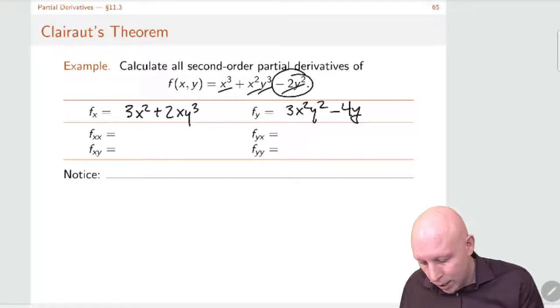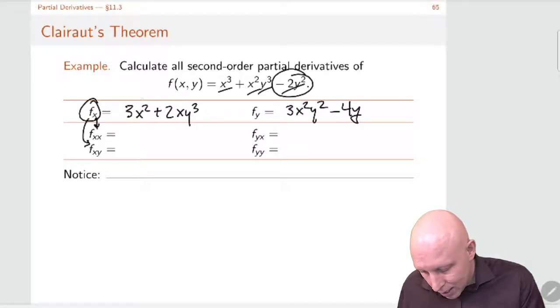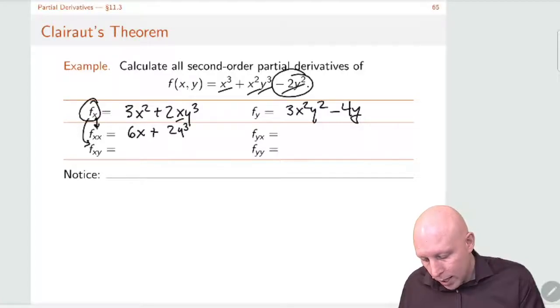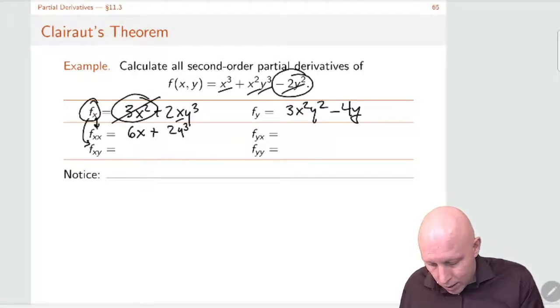Now for the second order, we take f sub x, and now we take the derivative with respect to x, and the derivative with respect to y. With respect to x, we get 6x plus, now x is the variable, y cubed is the constant, so 2y cubed. And if we take the derivative with respect to y, then x is a constant this time, so we get 0 plus 6xy squared.